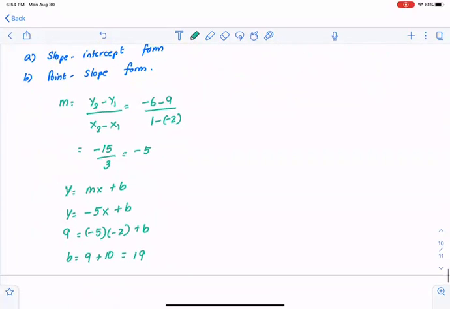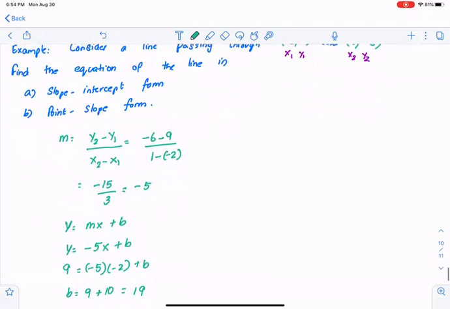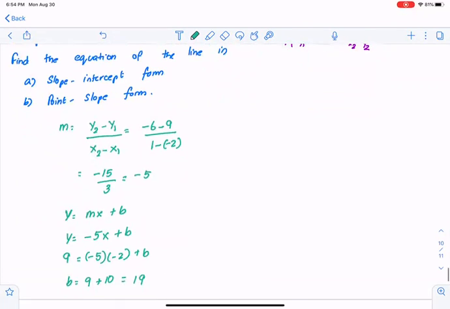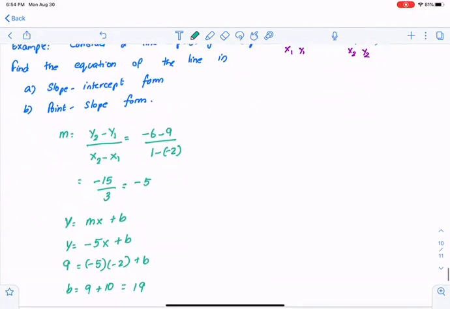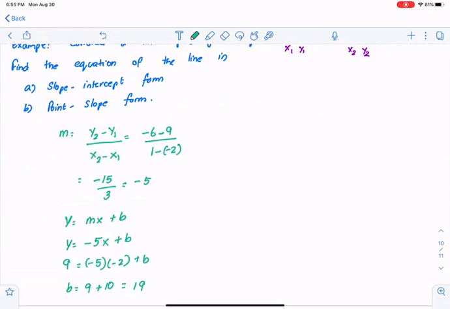So we have the slope to be -5 and the intercept to be 19. So the slope-intercept form is y equals -5x plus 19.